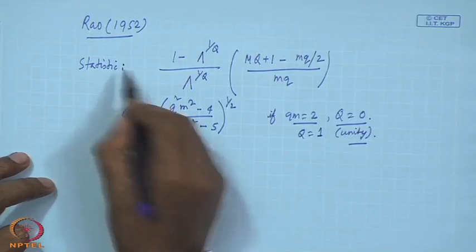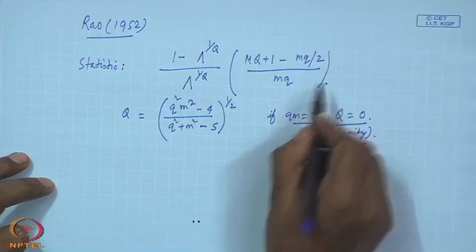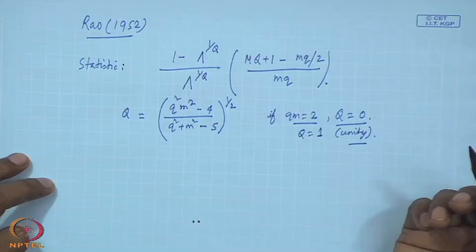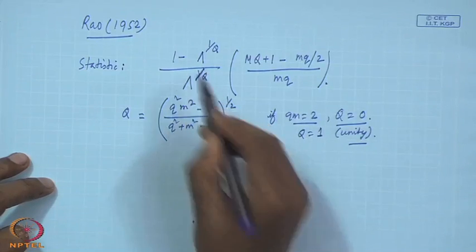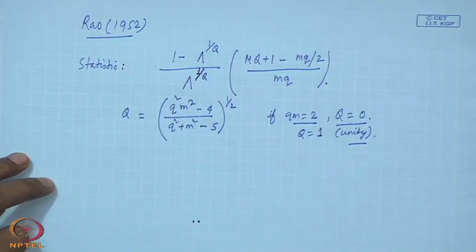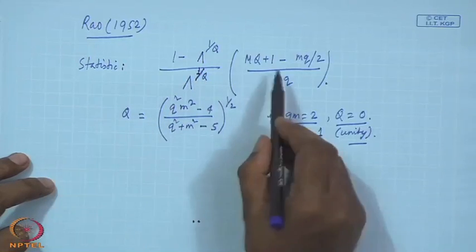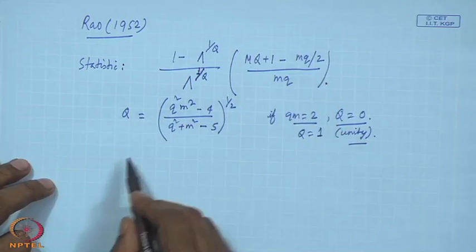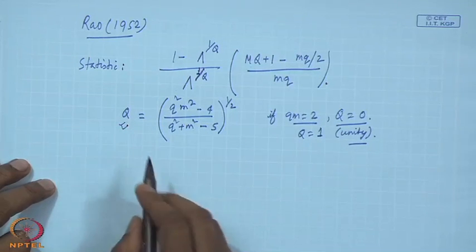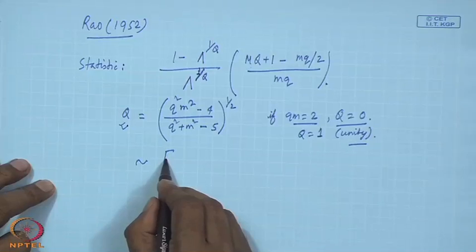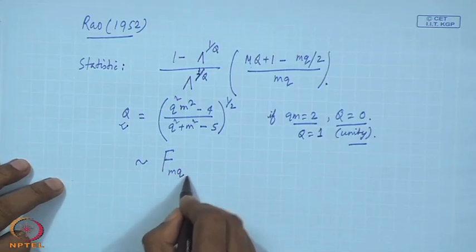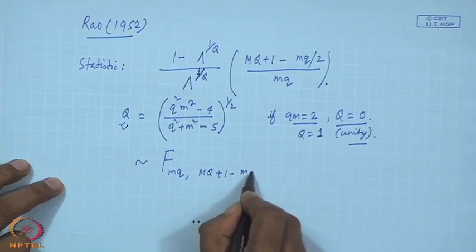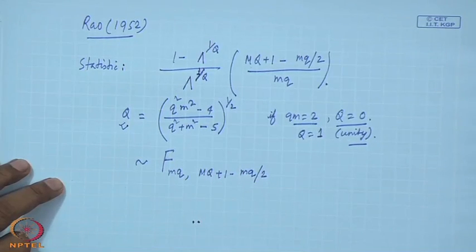So, you first find out this statistic: 1 minus lambda to the power 1 by q, by lambda to the power 1 by q, into mq plus 1 minus mq by 2 by mq. This quantity q will be computed like this. This follows an F distribution with mq and mq plus 1 minus mq by 2 degrees of freedom.